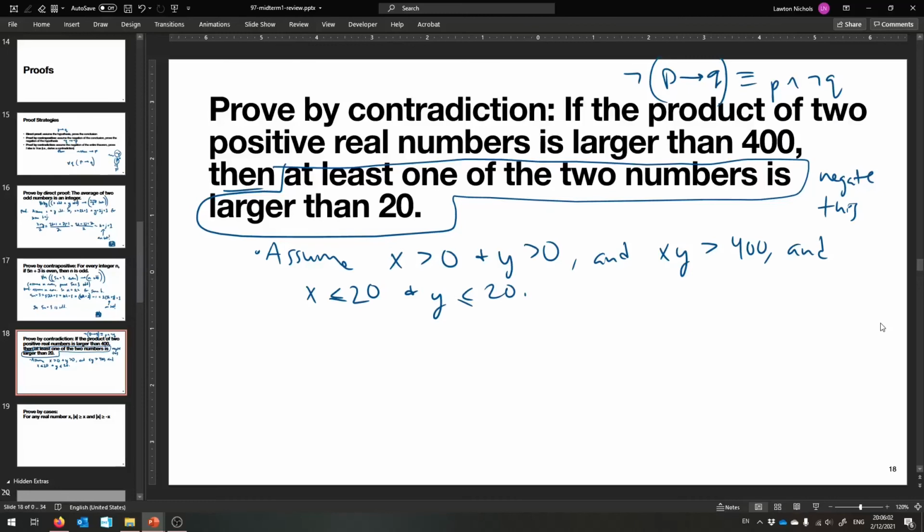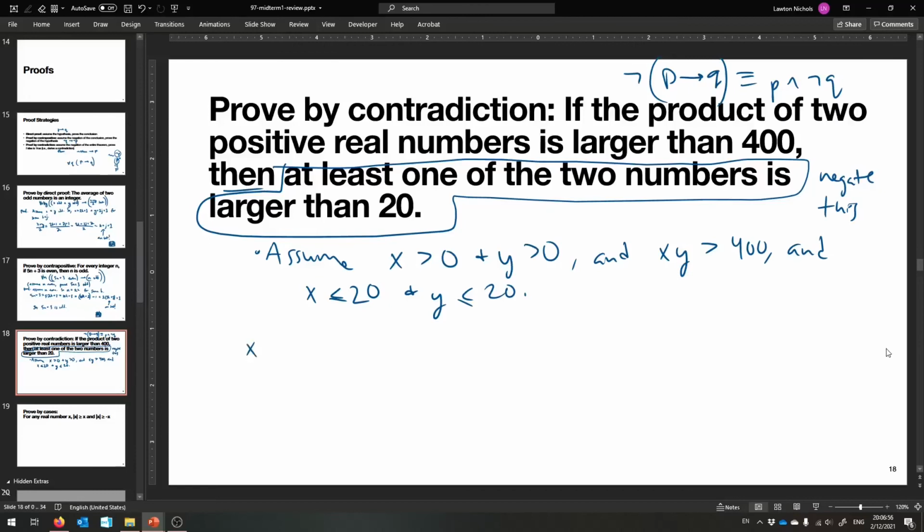Okay, so we can use this now to our advantage. Assuming all these things, we need to somehow derive a contradiction. So, let's see here. We have, I think, these two that we can somehow multiply together. I think that is the right way forward. So, let's say, I don't know, we have this one. Let's take that and multiply it by y on both sides.